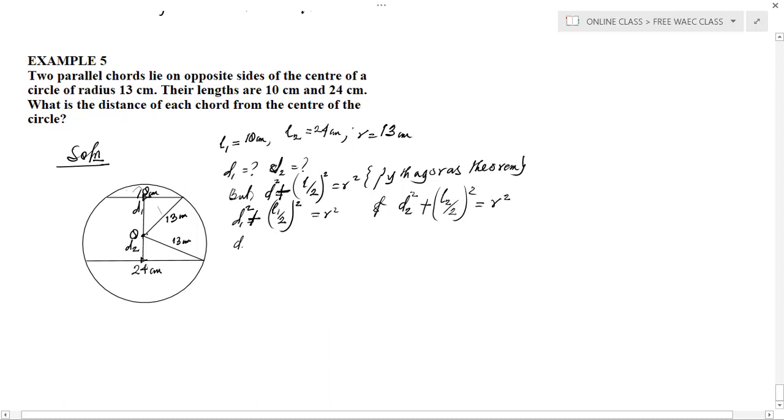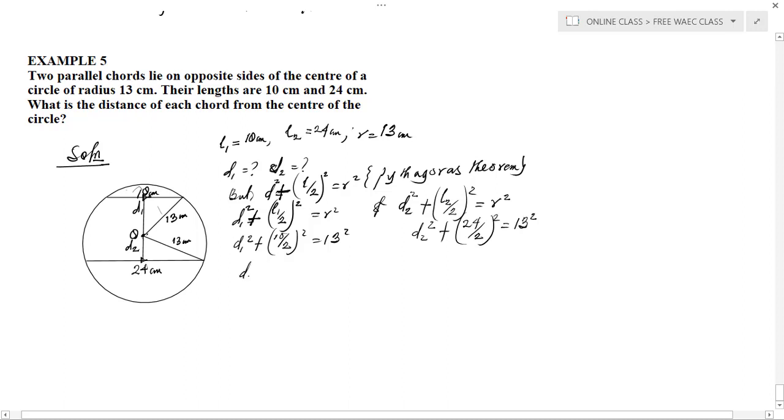So we have D1 squared plus (10 over 2) squared equals 13 squared. D2 squared plus (24 over 2) squared equals 13 squared.